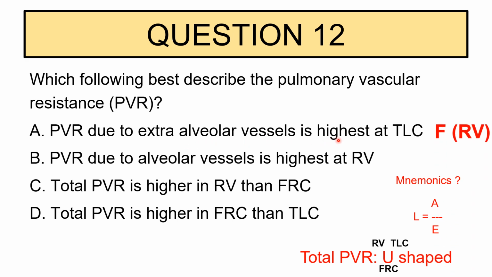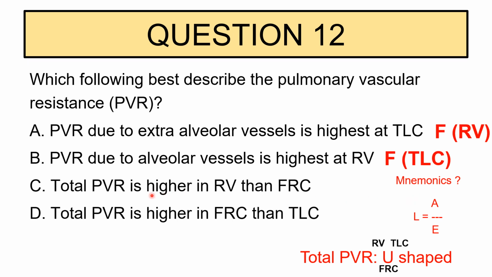That is false, because the greater the lung volume, the lower the extra-alveolar blood vessel resistance. Letter B, PVR due to alveolar vessels is highest at RV. Again, that's false because the greater the lung volume, the greater the alveolar vessel resistance.